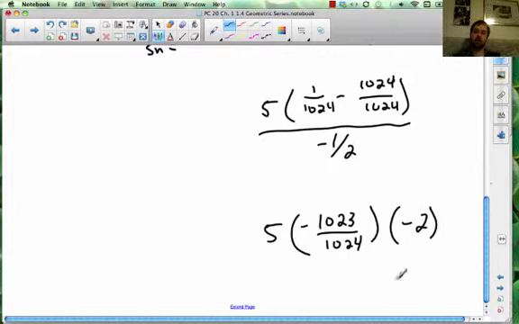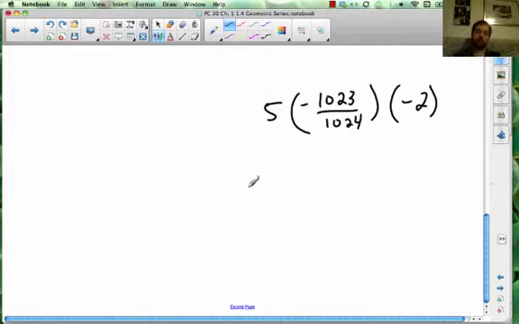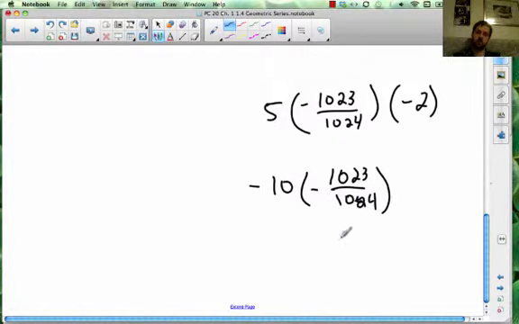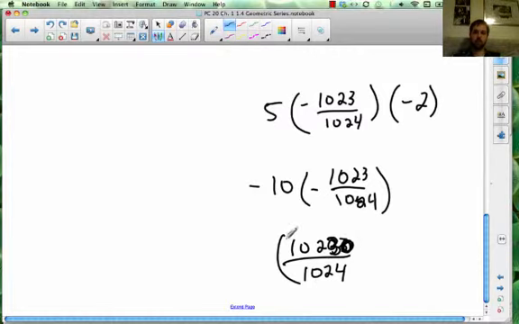So we're going to multiply this whole thing by 5 and negative 2. So negative 10 times this whole thing, and 1024, and we find that we get a positive value, and we get positive 10230 over 1024. Okay, that's our answer.